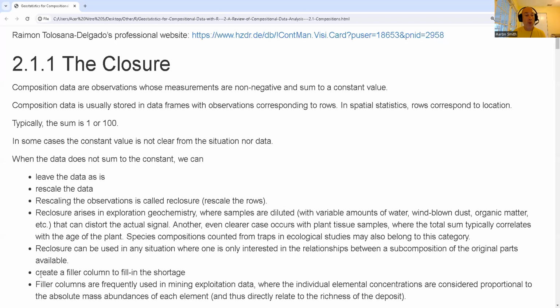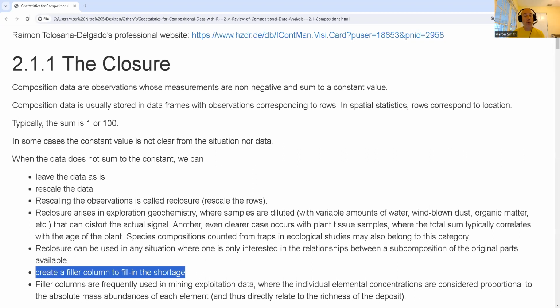Another option is to create a filler column to fill in the shortage. Let's say that I know that everything should add up to 100 or 50 or some number, but some of my rows don't add up to that value. What I could do is create a filler column to make up that gap.